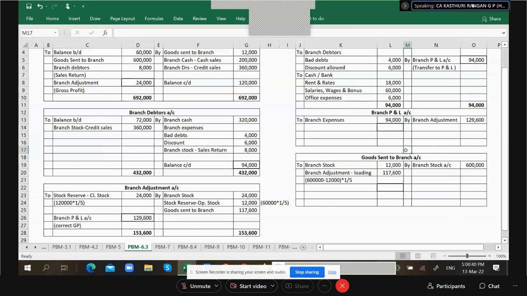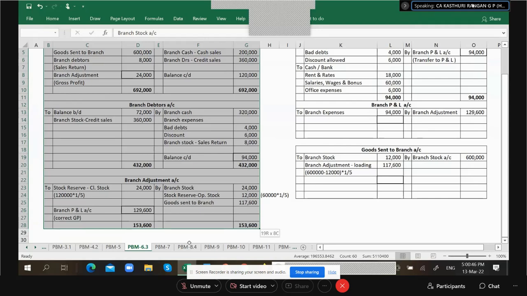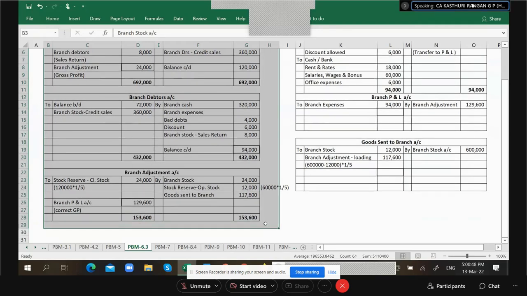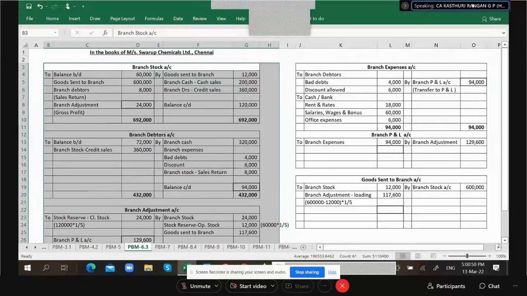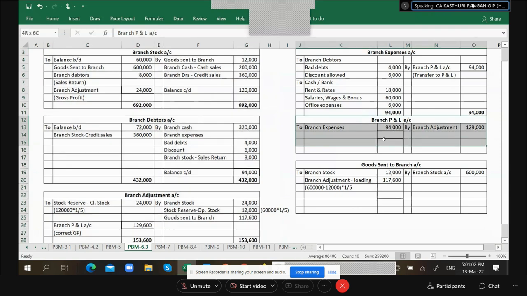Now you see the P&L account. See, we have completed stock account. We have completed debtors account. We have completed adjustment account. Everything we have done. Expense account is also completed. Expenses transferred to P&L. Gross profit transferred to P&L. Now you will get what? Net profit.